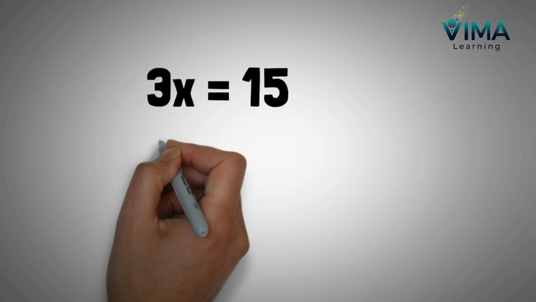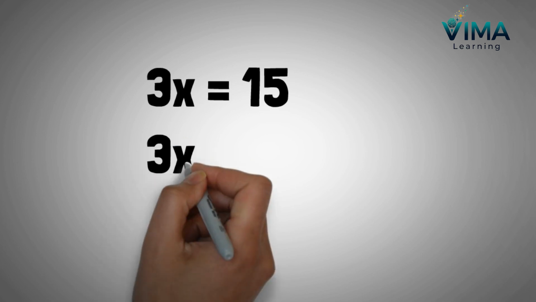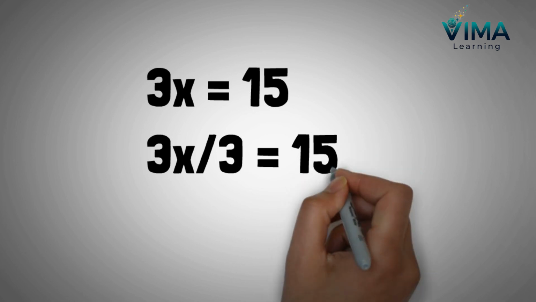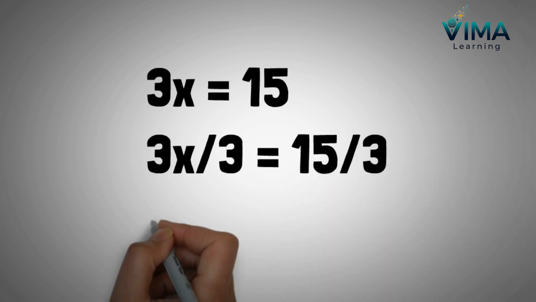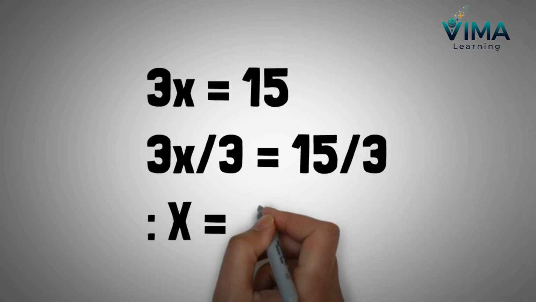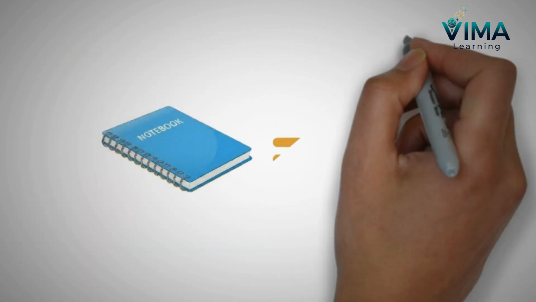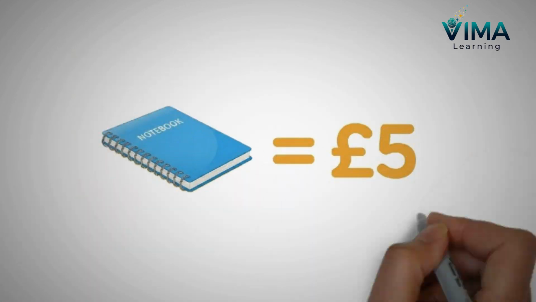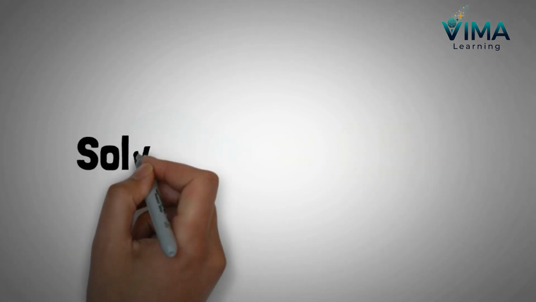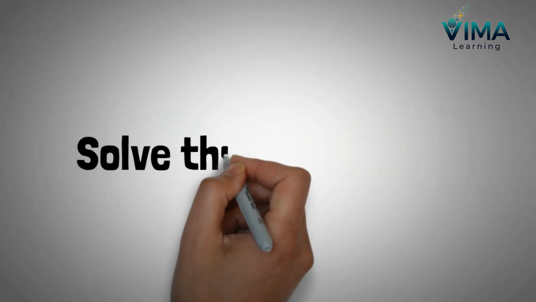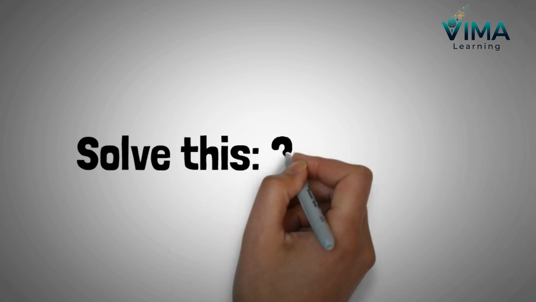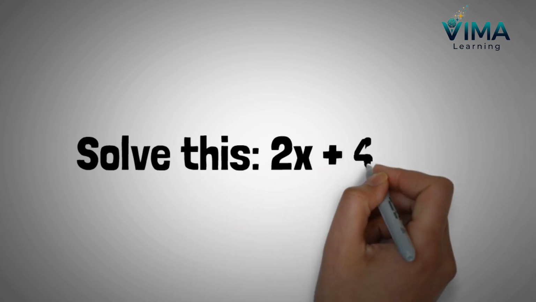To solve for x in this equation, because what we have here is an equation, we have to divide both sides by 3, and therefore x equals 5. So each notebook costs £5.